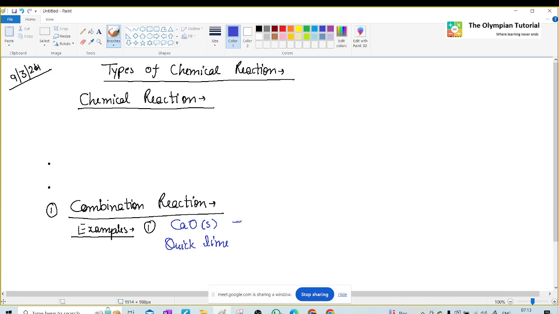Calcium oxide reacts with water. Water in which form? Obviously, it is in liquid form. It will give calcium hydroxide, which is aqueous and is slaked lime.